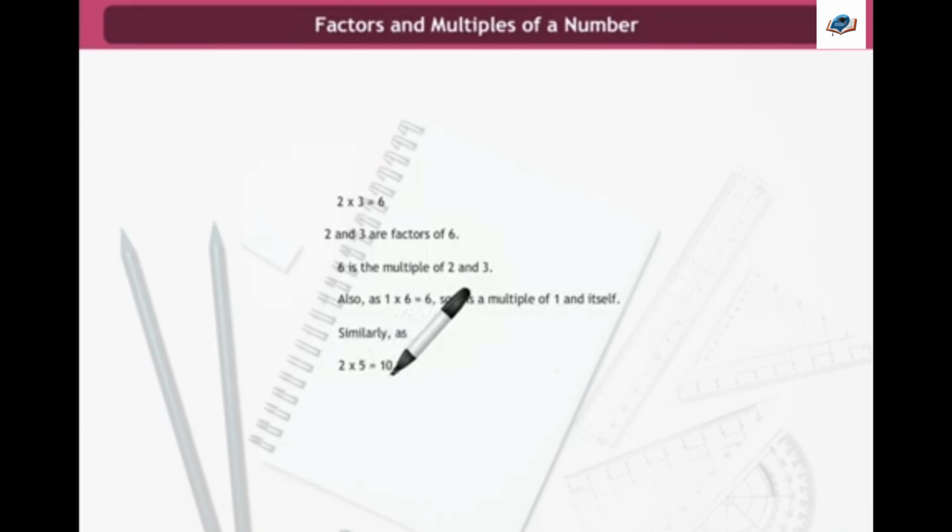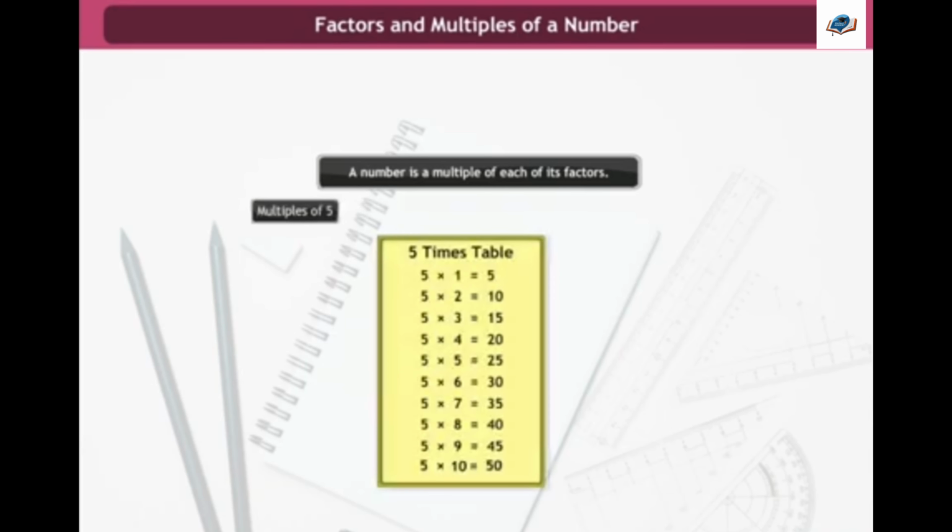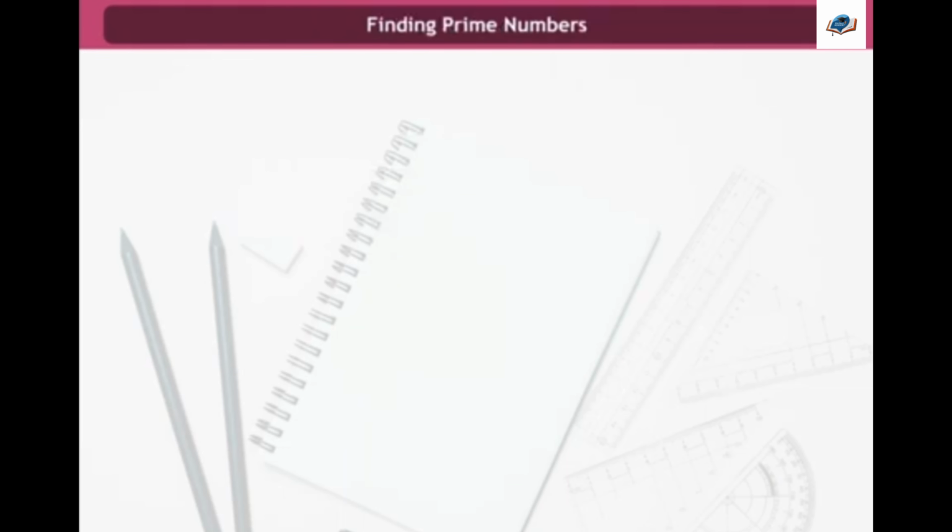Similarly, as 2 into 5 equals 10, so we say that 10 is a multiple of 2 and 5. Hence we say that a number is a multiple of each of its factors. To find the multiples of a number, we simply look at its table. For example, for multiples of 5, we write the table of 5. Each of the numbers 5, 10, 15, 20 and so on are multiples of 5.